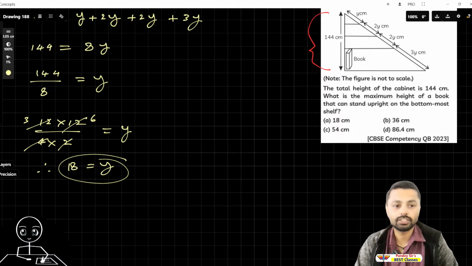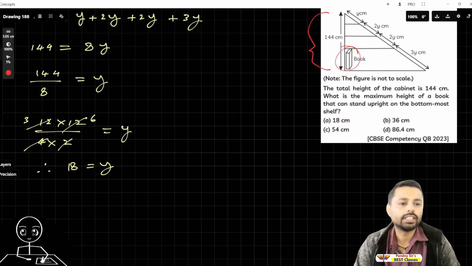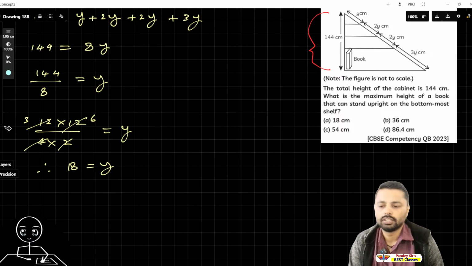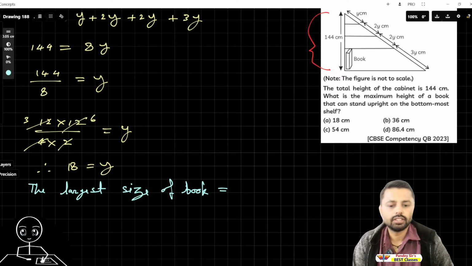Here you make a mistake. Okay, see, in the question they have asked for the book size, and that's not y, that's 3y. So the largest size of book equal to 3y equal to 3 into 18.